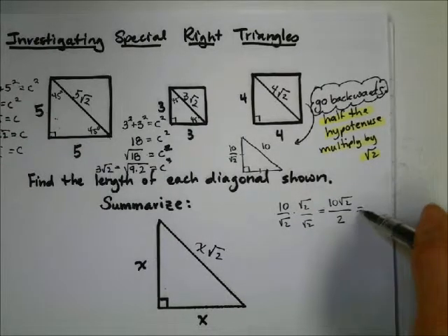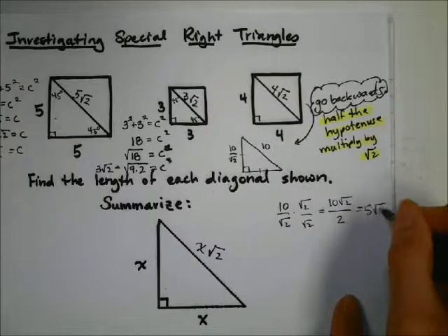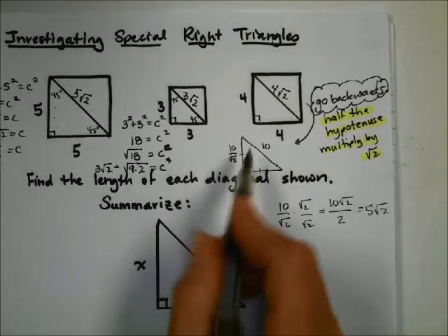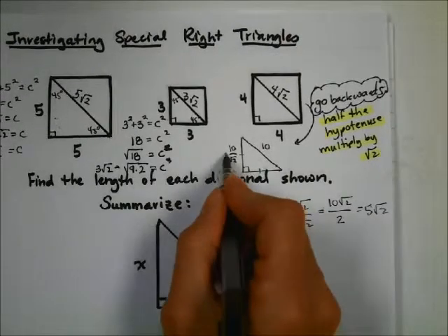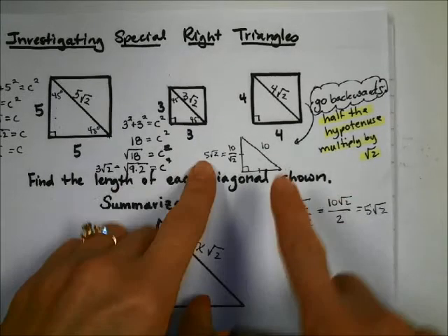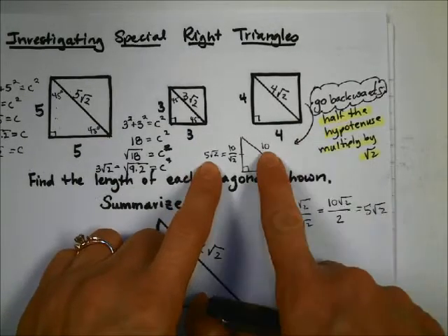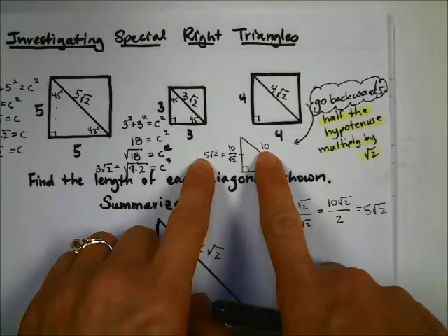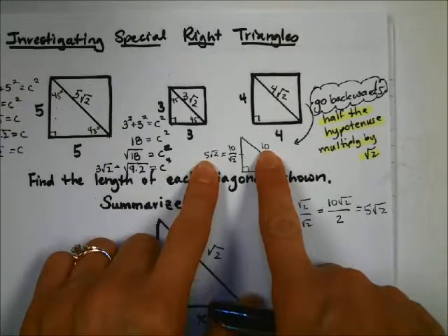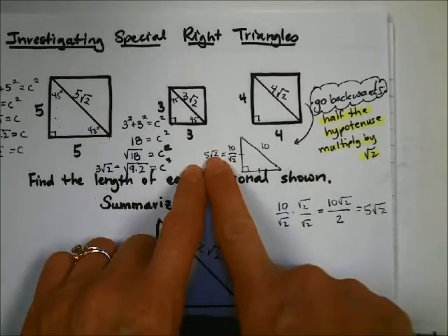And so instead of writing 10 over the square root of 2, we could just write 5 square root of 2. So that's what I was saying about the shortcut, is you can notice that it's actually half. Instead of 10, it went down to 5 square root of 2. And then you multiply by the square root of 2, and you could easily get the length of that leg. So this also would be 5 square root of 2.